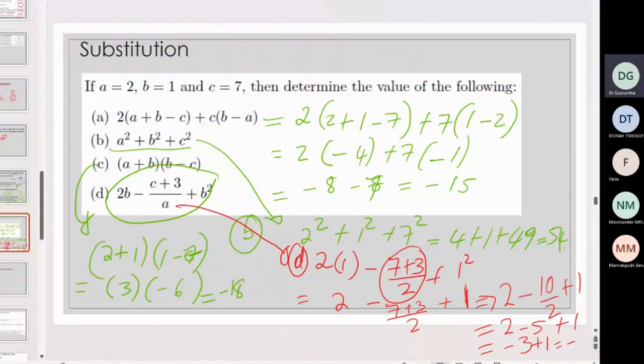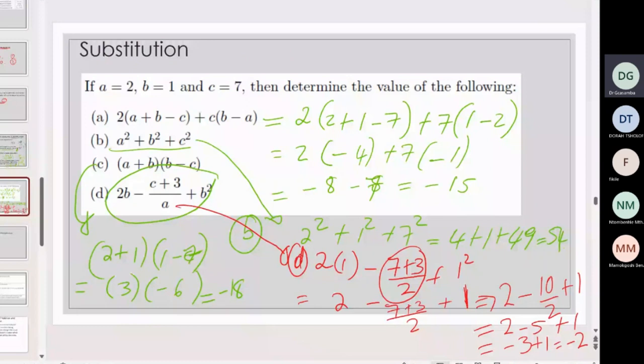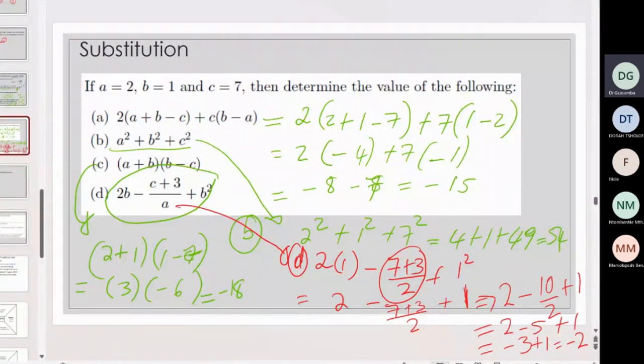-2. Okay, so guys, you can see the negative number. Now that is substitution. Substitution led us to bring in the rules of addition and subtraction.